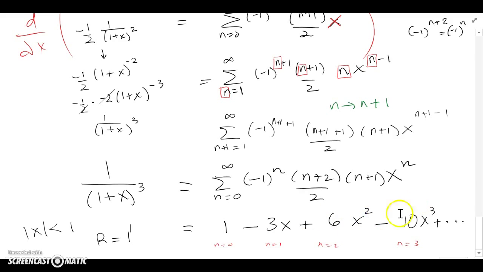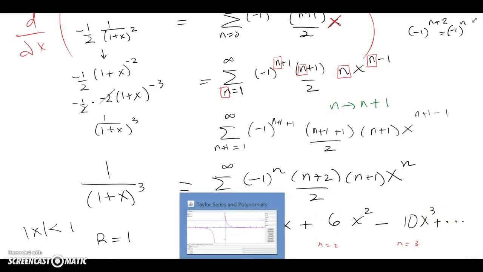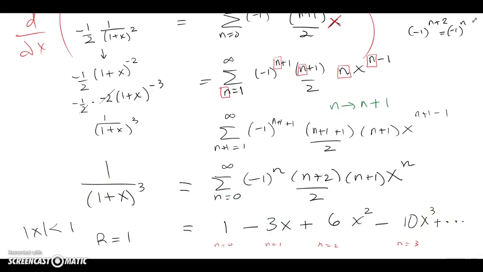So again, let's see if that actually makes sense, because what if we made a mistake in the process? We have this graphed. You can graph that on your TI if you want, and then put in a bunch of partial sums, maybe go up to a third or fourth degree polynomial, and see if it really captures this guy in the interval that you found.